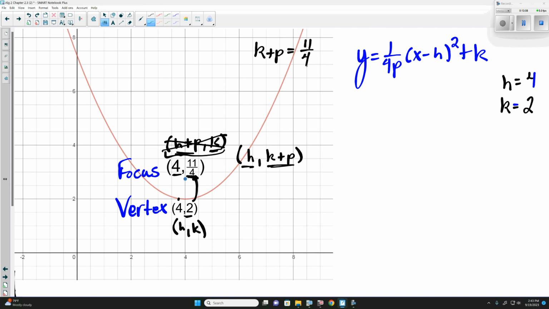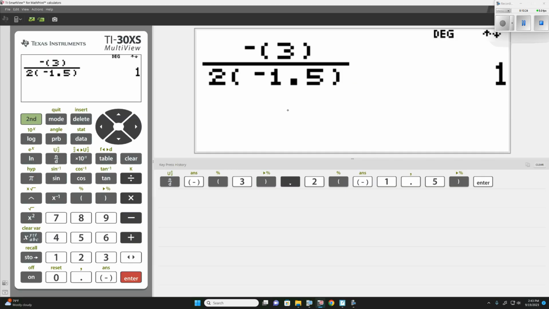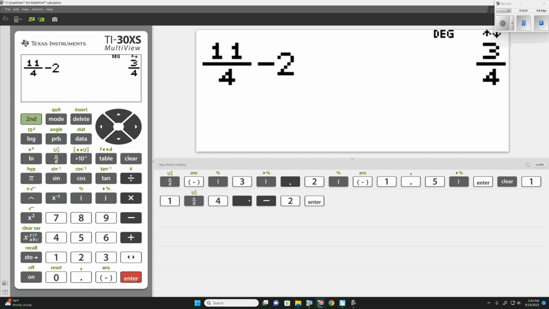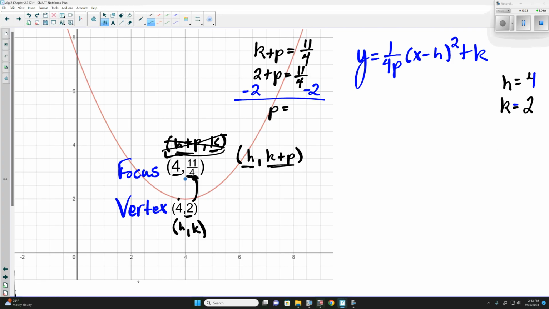Now our k value was told to us to be 2, so 2 plus p is 11/4. Lastly, what do we need to do? Minus 2. So 11/4 minus 2 is 3/4 or 0.75.